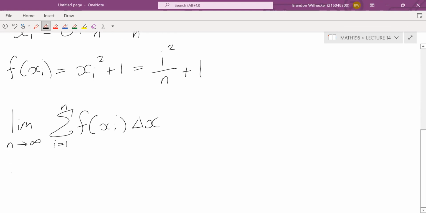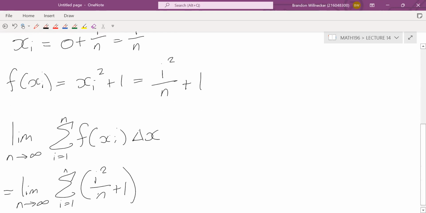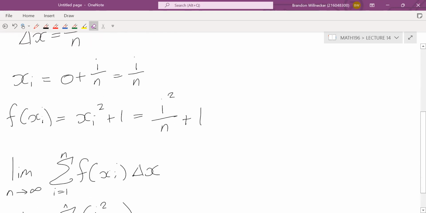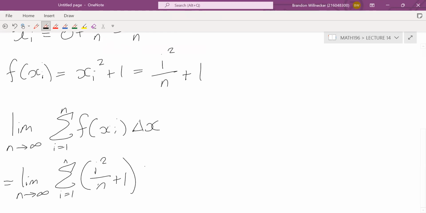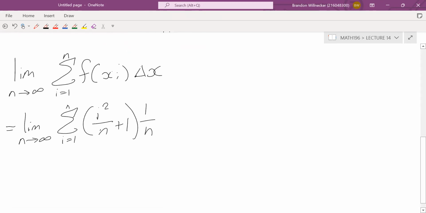So let's plug in what we know. This is going to be the limit as n goes to infinity, the sum from i equals 1 to n, f of x_i is i squared over n squared plus 1, we calculated that above, and delta x is 1 over n, so that's times 1 over n.